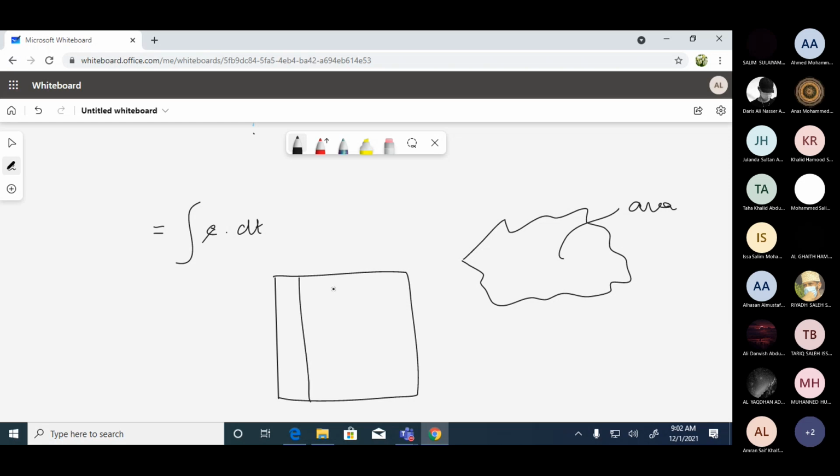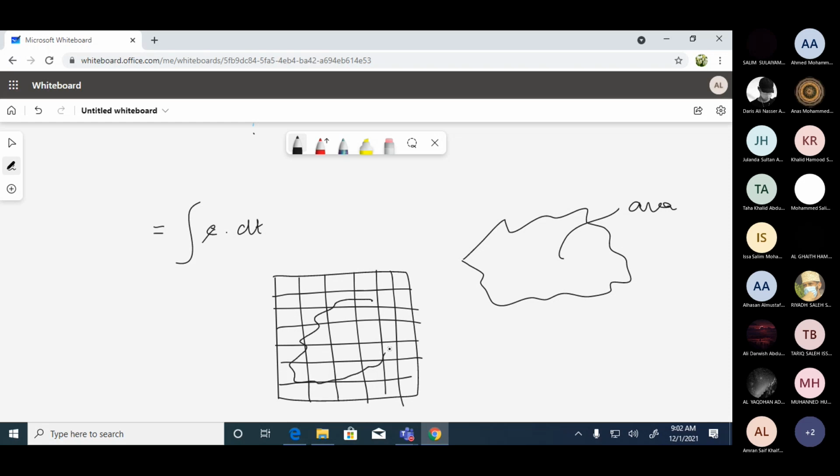Graph paper is divided into squares, according to centimeter, like that. So what you will do is draw the same shape on this graph paper. Now, how will you find the area? You will count all the full squares.